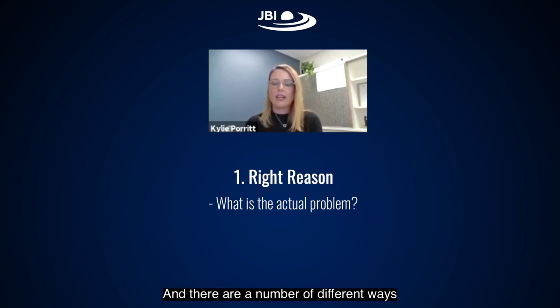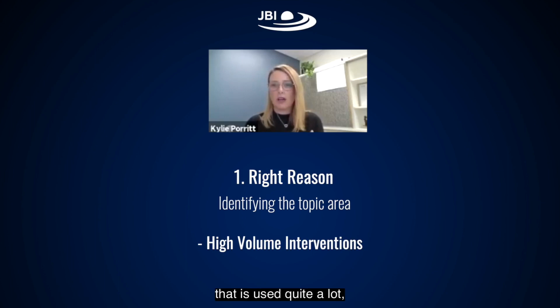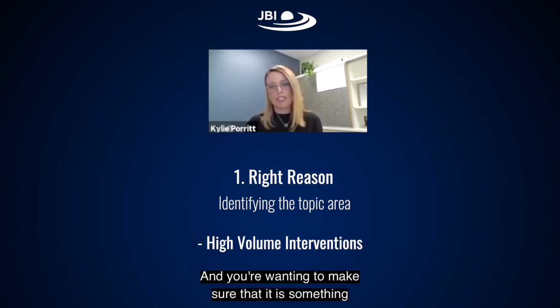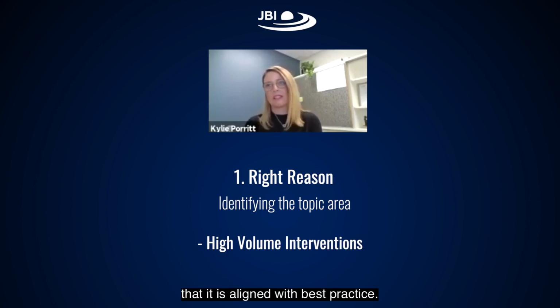And there are a number of different ways in which this can be done. There might be a particular intervention that is used very frequently in your clinical area, and because it's so frequent, you want to make sure it is the best possible intervention to be used and aligned with best practice.